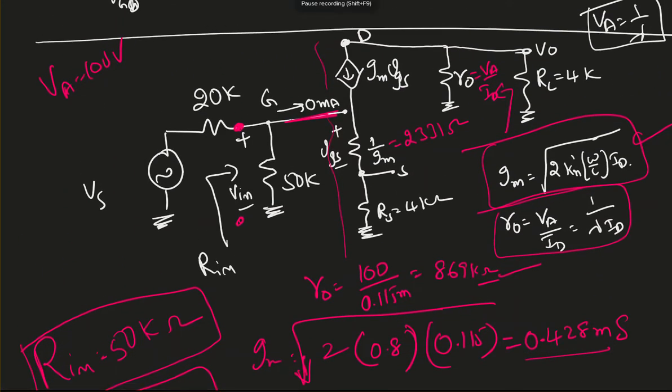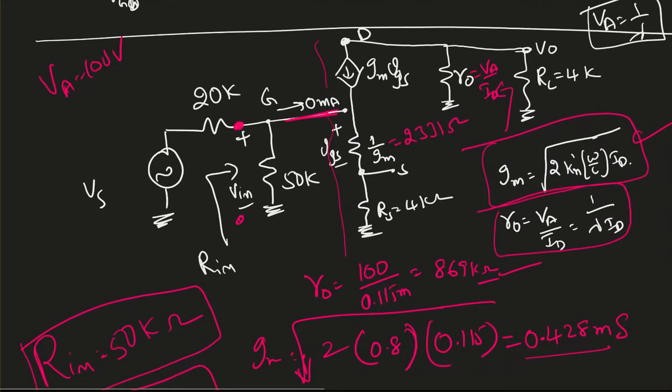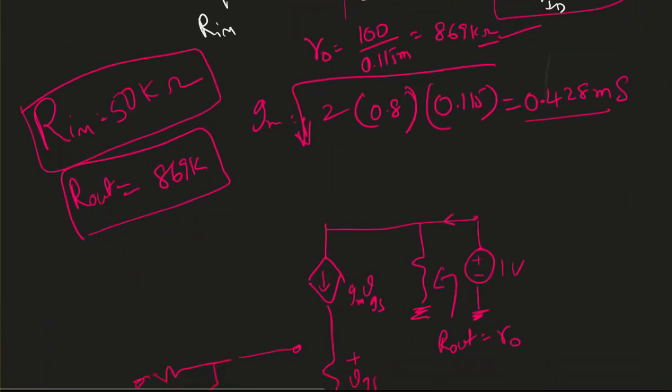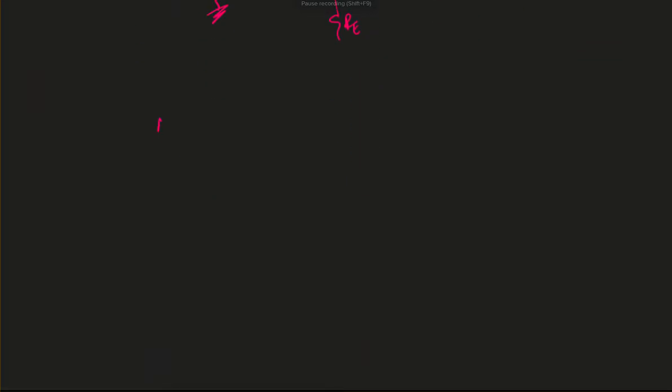For gain with load and gain with no load, first we'll find AV, the gain with load. When I find the gain with load, all I need is the relation between the output voltage and the input voltage, V0 and Vin. So AV is the gain, which is Vout over Vin with load resistance RL.